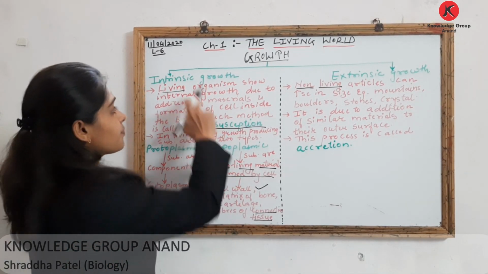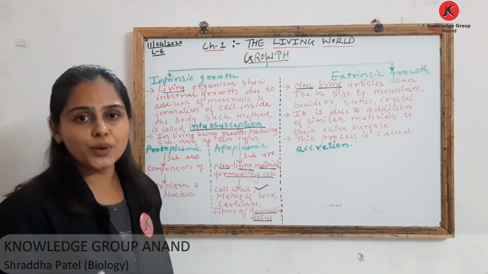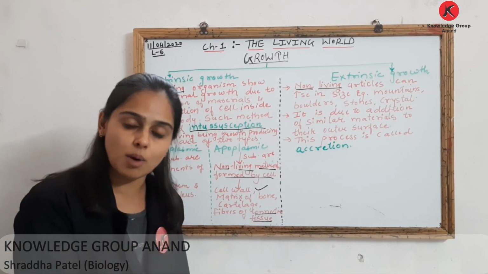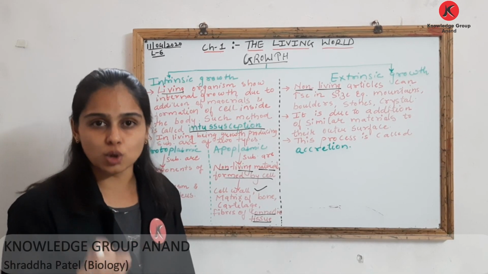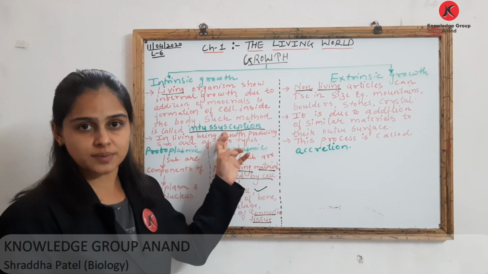वापस से एक बार, intrinsic growth कौन शो करता है? Living organism. How it occurs? By addition of material and formation of cell inside the body. Such type of growth क्या बोला हमने? Intussusception. Okay.